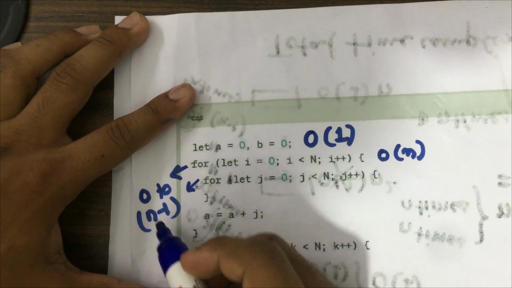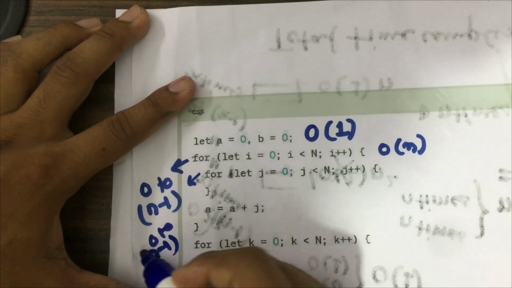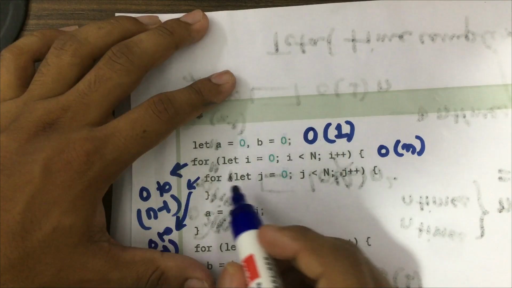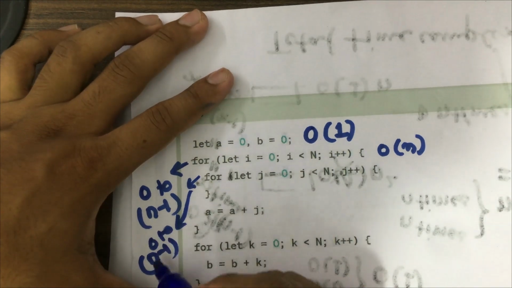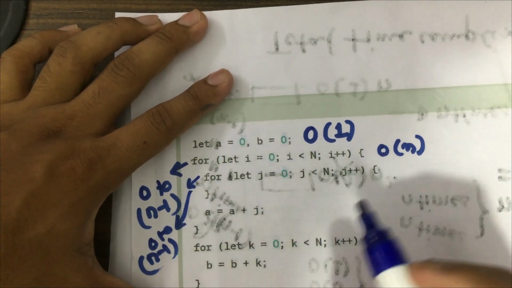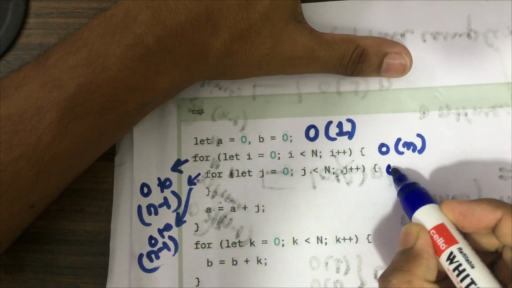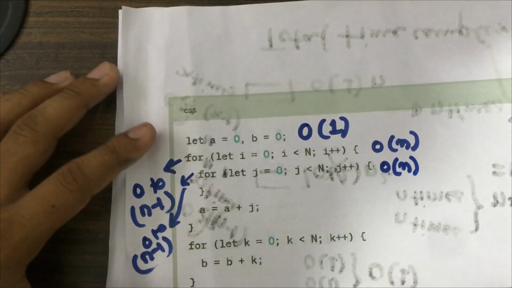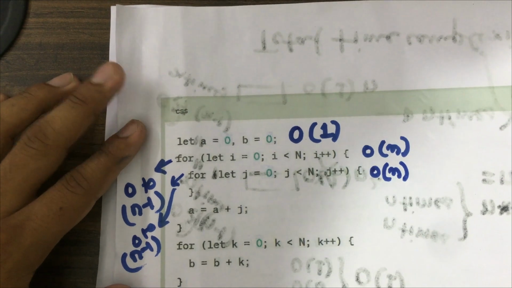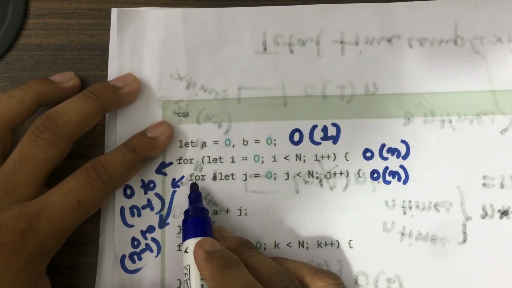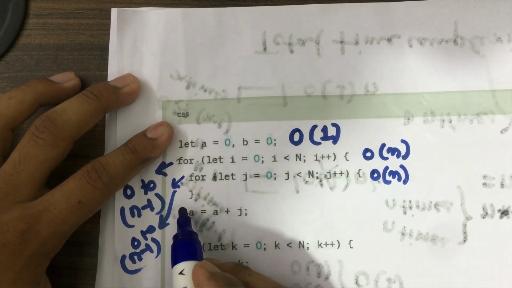So how many times will this loop run? 0 to n minus 1, including 0 and n minus 1. It is basically n times. So it's O of n, right?